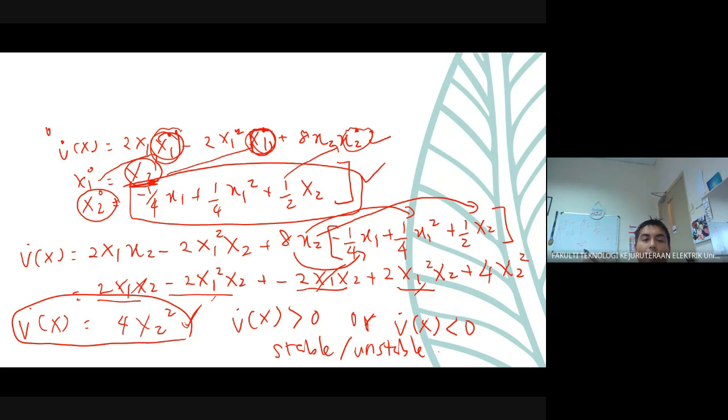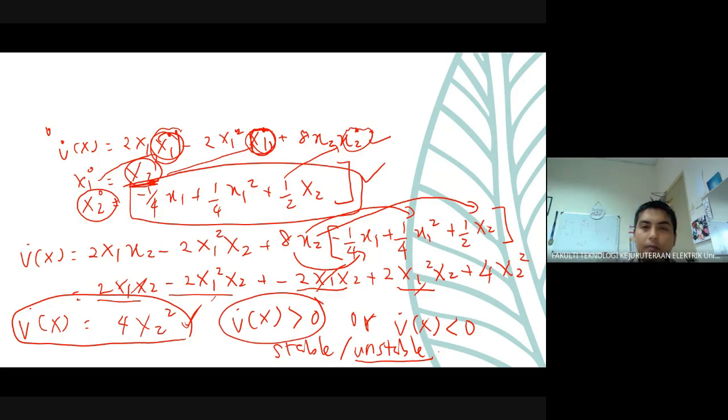Whatever value of x2, is it a positive value of x2 or a negative value of x2? If you square the positive value or negative value, then it will become positive, is it? So the positive value multiplied with the 4, you will always get a positive value of v dot x. So that's the reason the system is unstable.